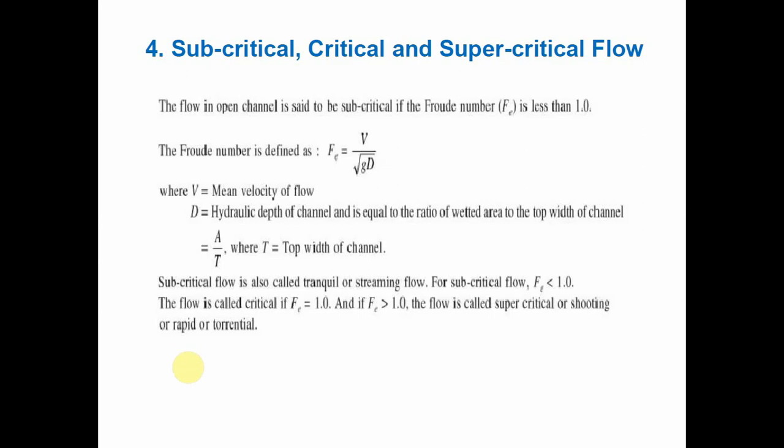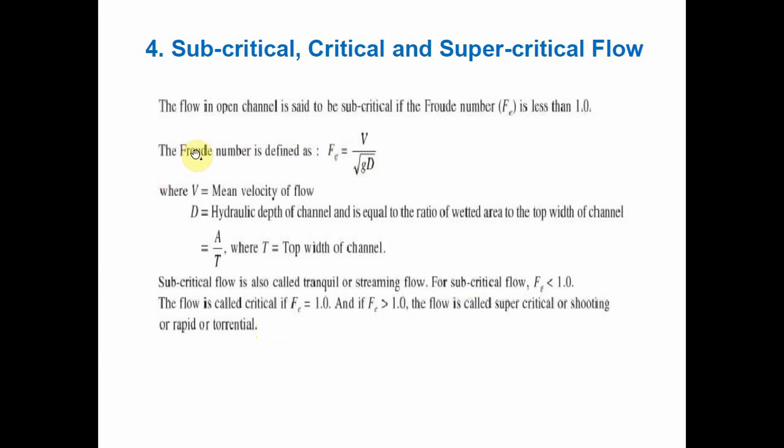When Froude's number is equal to 1, the flow is critical, and when Froude's number is greater than 1, then the flow is supercritical or shooting or rapid or torrential.